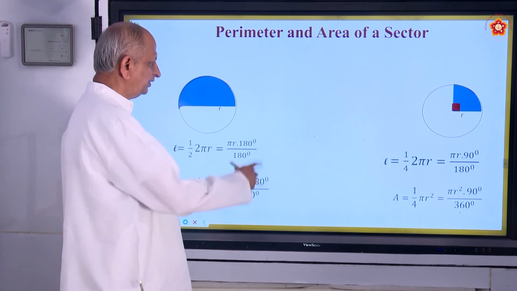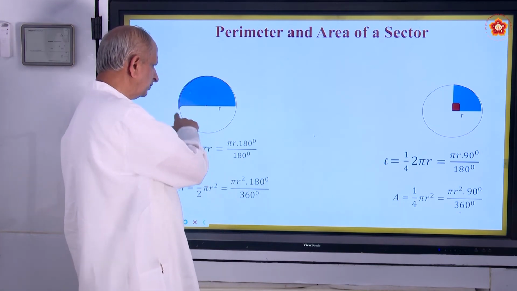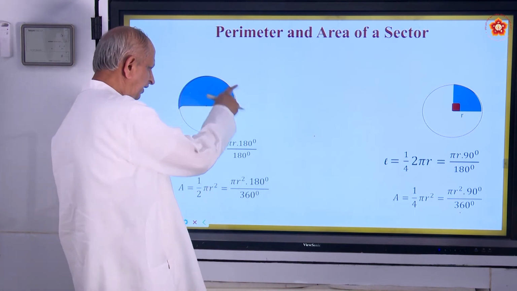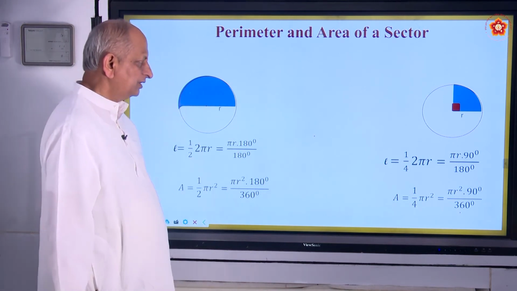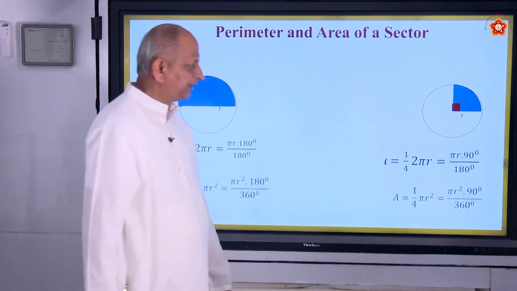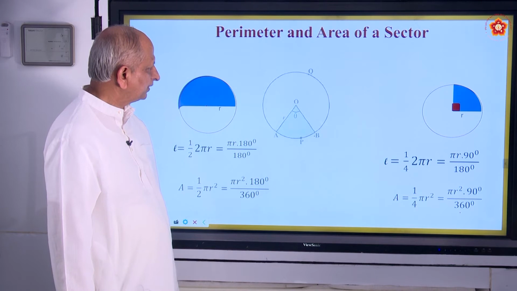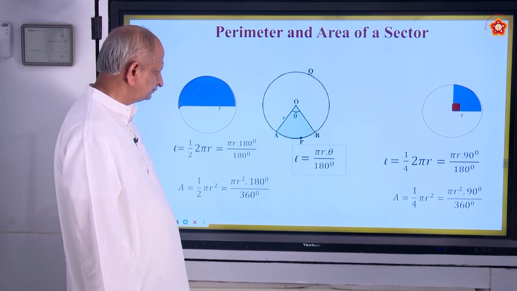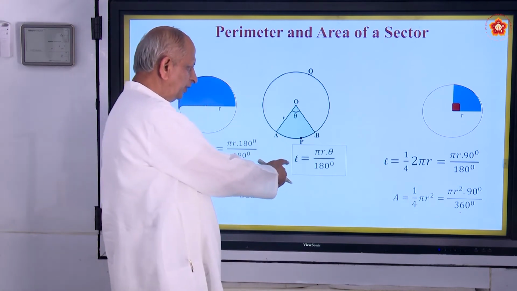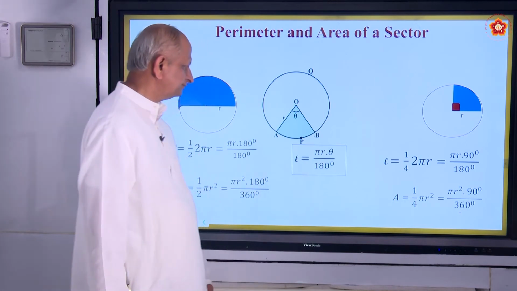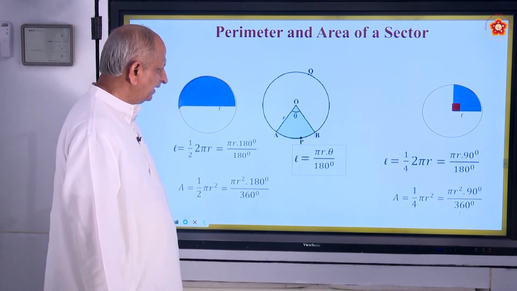So, here this is the formula for, please note, length of the semicircle. This is the formula for area of the semicircle. Similarly, this is length of the quadrant and area of the quadrant. Okay. Now, area of the sector, L is equal to pi into r into theta by 180 degrees. L means what?